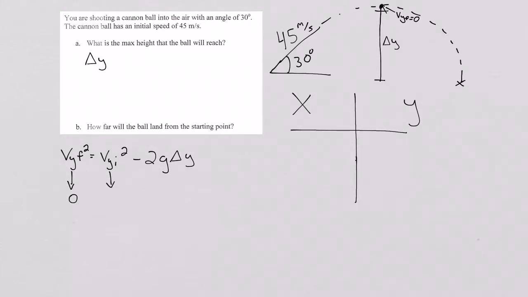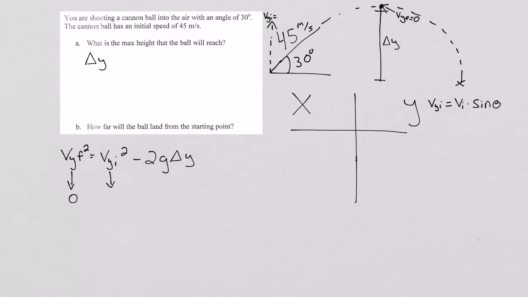Velocity y initial isn't that easy. We have to solve for that one. I'll be doing it over here on the right hand side of your screen. Velocity y initial equals velocity initial multiplied by sine of theta. Velocity y initial is actually right here. I just didn't have enough room, so I wasn't going to do my work here. As you know, velocity x initial is on the other side.